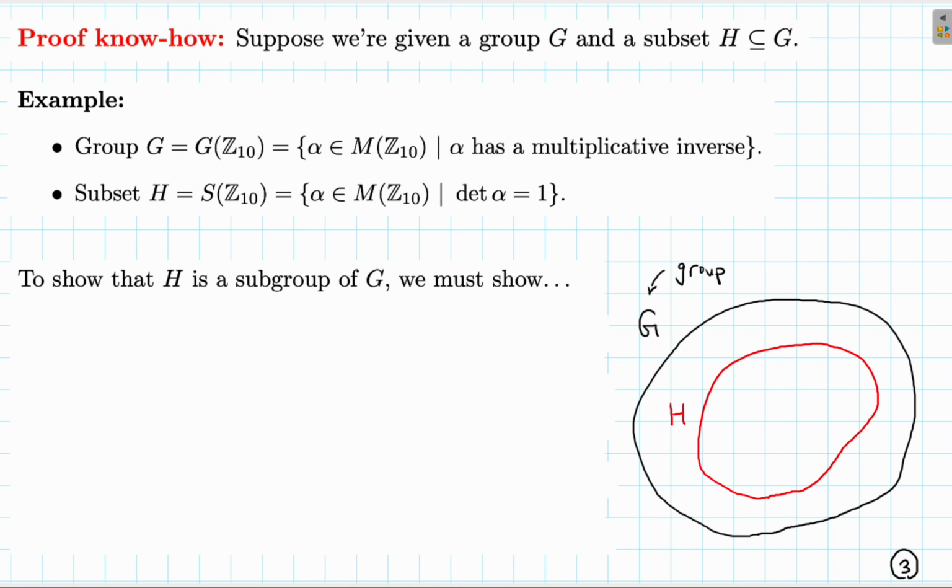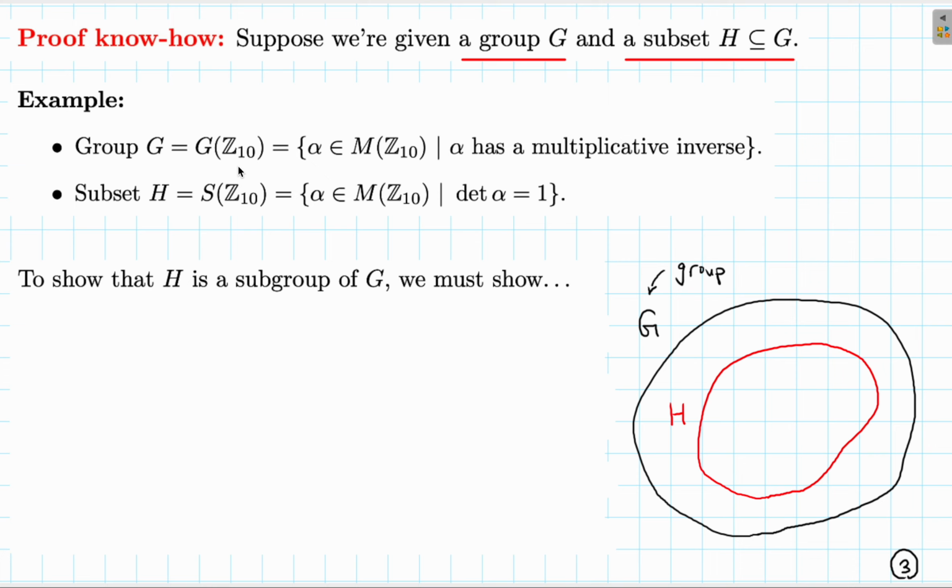Here's a scenario that we'll encounter often in this class. Suppose we're given a group G, and so something that we already know is a group. And then we're also given a subset of that group, and let's call that H. So in the classwork, for instance, we were given the group G of Z10. Those are 2 by 2 matrices, entries in Z10 that have multiplicative inverses.